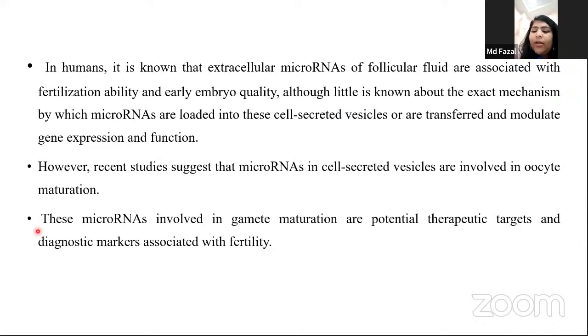These microRNAs are involved in gamete maturation, and they are potential therapeutic targets and diagnostic markers associated with fertility. These are definitely still under research, but if you take these microRNAs from follicular fluid, the more microRNAs there are, the higher the fertilization capacity and the quality of the oocytes. Yeah, next slide.